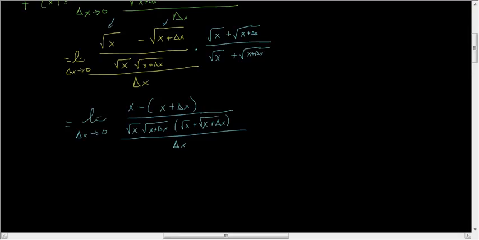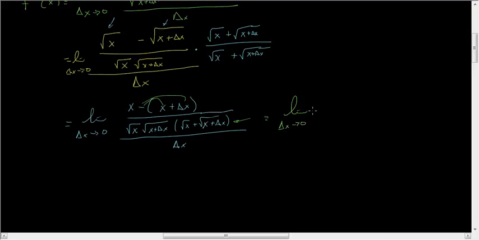Okay. All right, now what we can do is distribute this negative, and so I'm going to do that. I'm also going to leave this part right here alone, and the reason for that is I think things will cancel out and it'll be easier to do algebraically later. So this is my limit as delta x tends to 0.